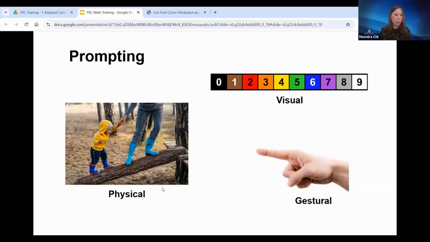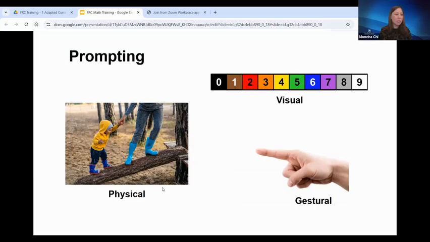So starting with physical prompts. Here, an adult might use physical contact to teach a correct response. This is often considered the most intrusive prompt that you can provide.